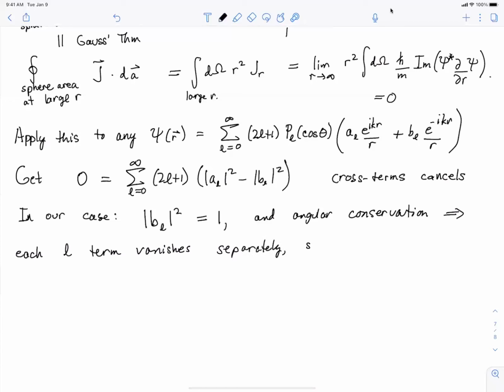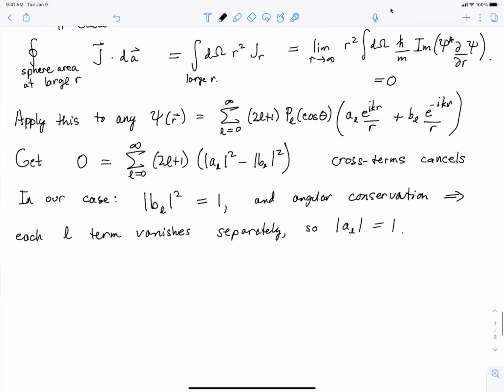And so that means our A sub L also has to have magnitude 1 to cancel it. And that was just the thing that we claimed was a pure phase. Okay, so that's the idea of the proof.